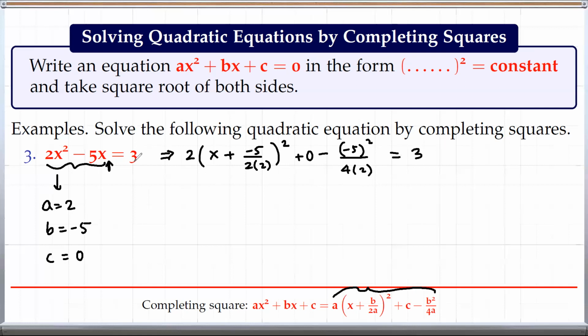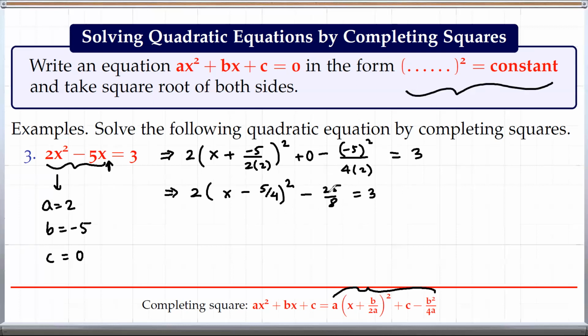So we are not doing anything to that 3. We need to simplify this next. 2 times x minus 5/4 squared, minus, so we have 25/8 over here, equals 3.